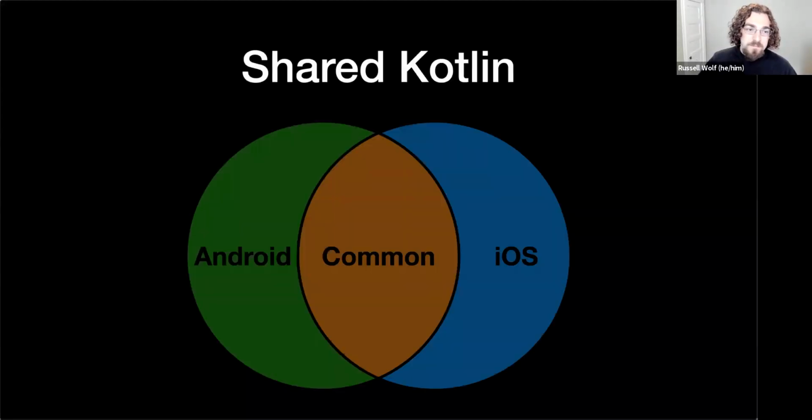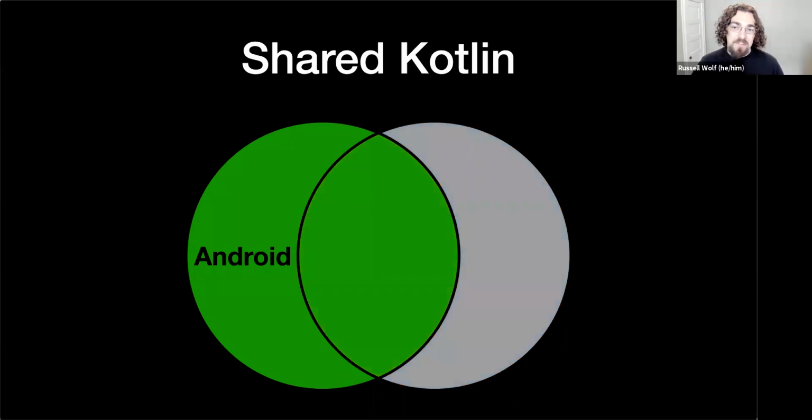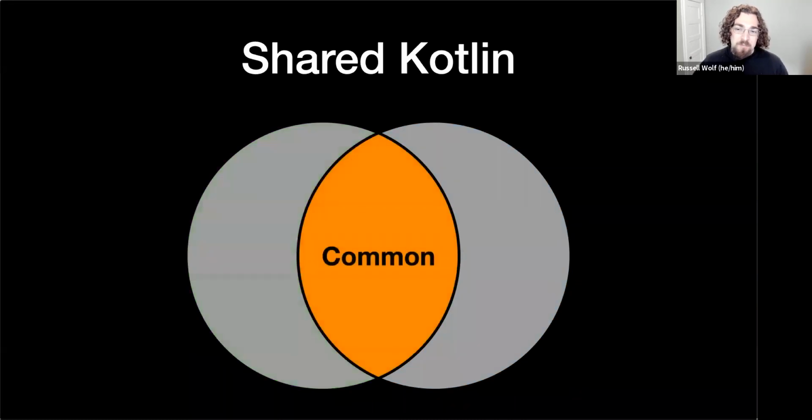So let's talk about shared Kotlin, and the metaphor I like to use is this Venn diagram when I'm thinking about mobile. On the left side, you have the Android code, essentially the same environment that you're used to running on Android. And some subset of that, you can pull out into this common abstraction.